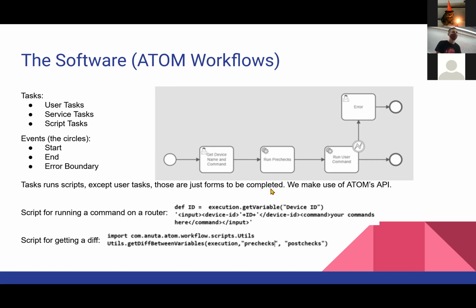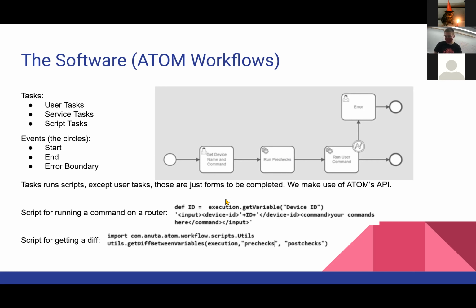Another cool thing about Atom is that it has an API. So if I had a piece of software that I wanted to interact with Atom, I could set up Paragon so that if it detected some sort of alarm within the network, it could run this Atom workflow using Atom's API.